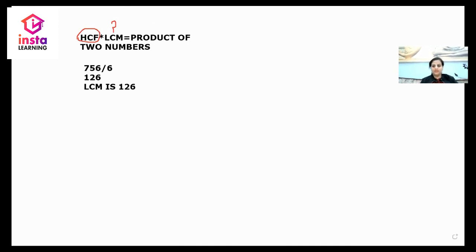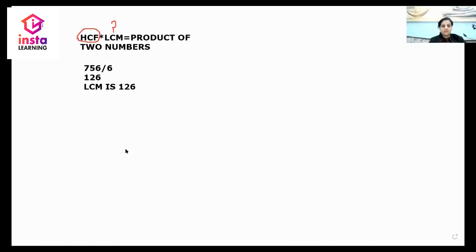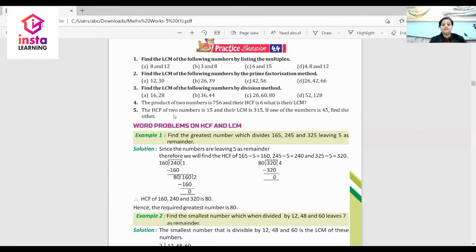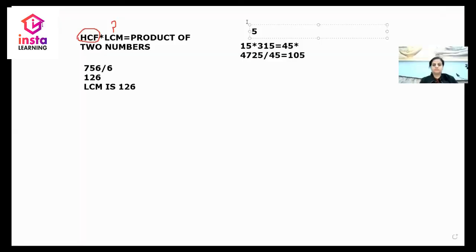Okay, got my point? Now the second question, the fifth point is, the HCF of two numbers is 15. It is just like the opposite of that question, and their LCM is 315. If one of the numbers is 45, find the other. So for this again we have to share the whiteboard also.